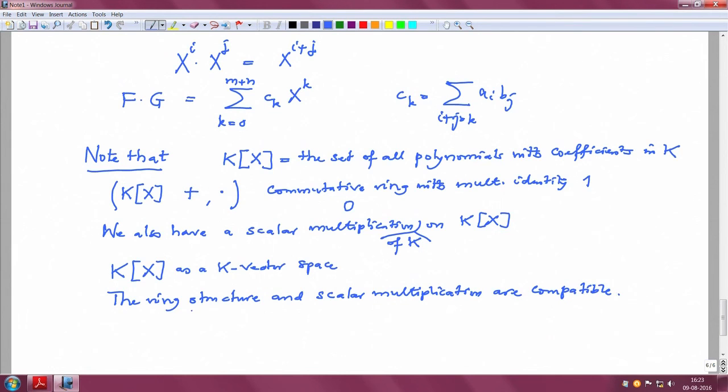When one says ring structure, that means the binary operations plus and multiplication, and scalar multiplication is the scalar multiple. Whether you add first and then scalar multiply, or scalar multiply, add and multiply, all these operations are compatible with each other.